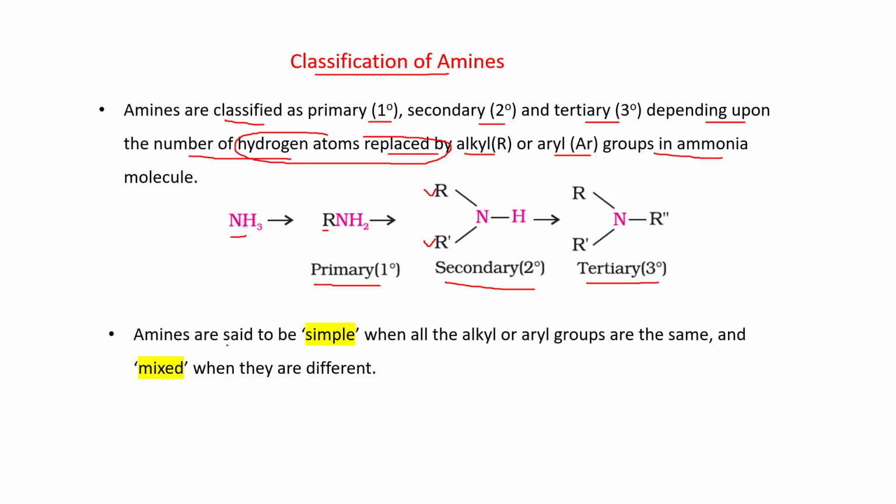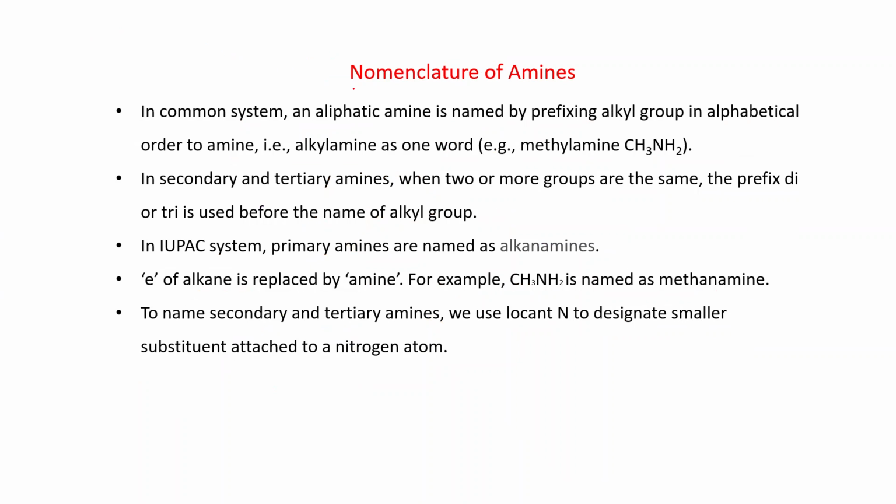Amines are said to be simple when all the alkyl or aryl groups are the same and mixed when they are different. Now come to the nomenclature of amines. In the common system, an aliphatic amine is named by prefixing the alkyl groups in alphabetical order to amine, that is, alkylamine as one word.